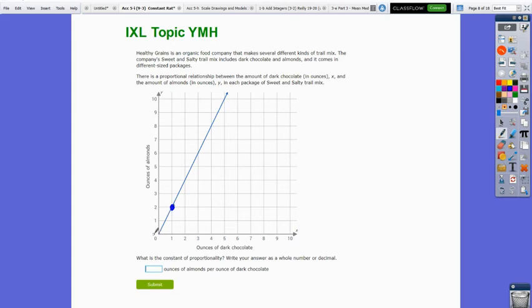It's 2 ounces of almonds and 1 ounce of dark chocolate. So the constant of proportionality is 2 ounces of almonds per ounce of dark chocolate. That'd be your answer for that one. Okay, so there's a bunch of these to do. If the graph is a straight line that goes through the origin, then this is how you can find the constant of proportionality. It is also the same thing as the rate of change.